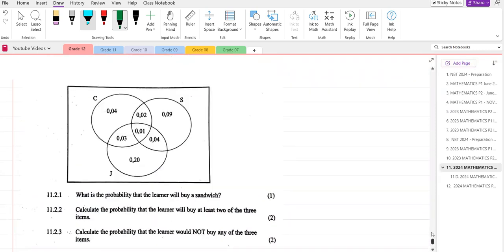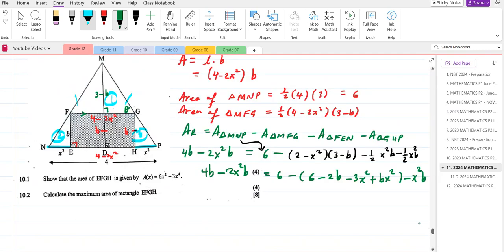Right, so far that's what I have. Now we got 4b minus 2x squared b is equal to 6 minus 6 plus 2b plus 3x squared minus bx squared minus x squared b.